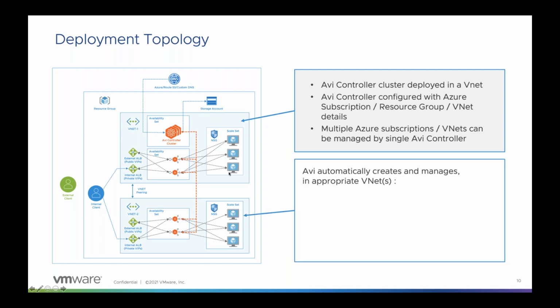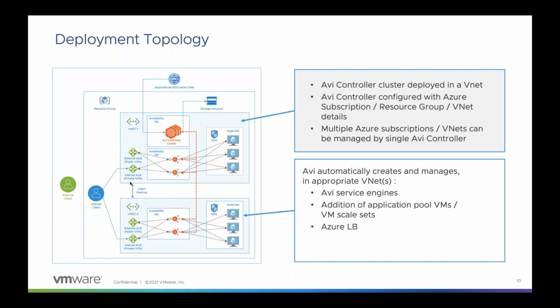Okay. So in this case, once the controller has the requisite permissions, it will automatically create and manage these service engines. It will ensure that the application pool members or the scale sets are added to the pool members automatically. The Azure load balancer is provisioned in front, and we do this so that we can leverage the ECMP or the proportional scale out, which is what Azure LB provides.